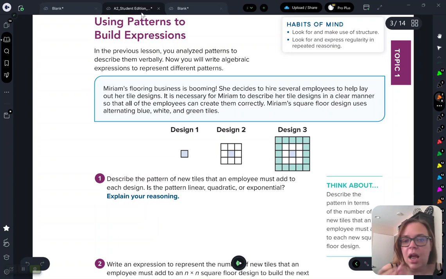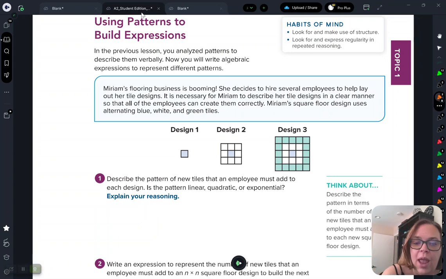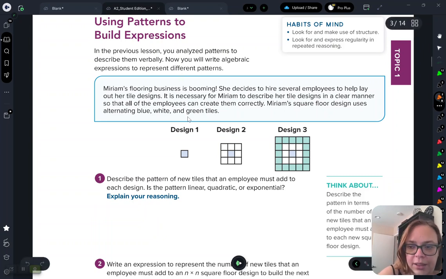Okay, so this is not total tiles, this is add tiles. What are we needing to add? So let's make a table. We need to be able to make a table to see these patterns. Right now there's no numbers, there's just this visual. We need the numbers.